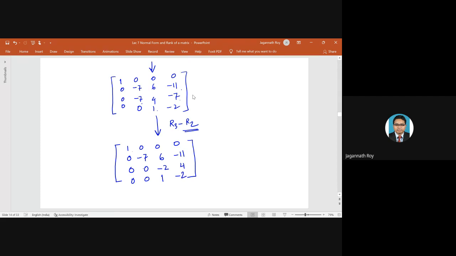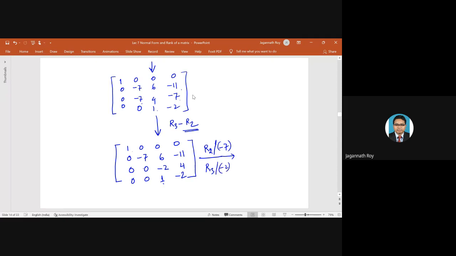Now we can divide the rows, because we want 1 here, this pivot 1 here, and then this is 0. So for that, what we have to do is row 2 divided by -7, and row 3 is divided by -2.